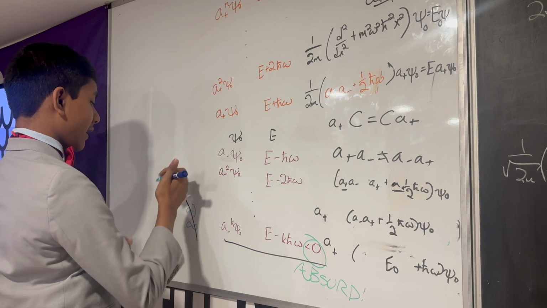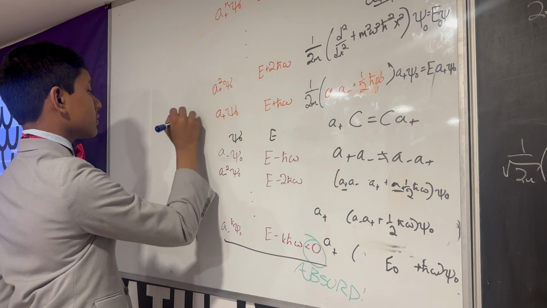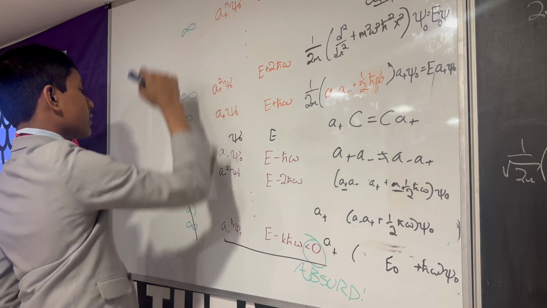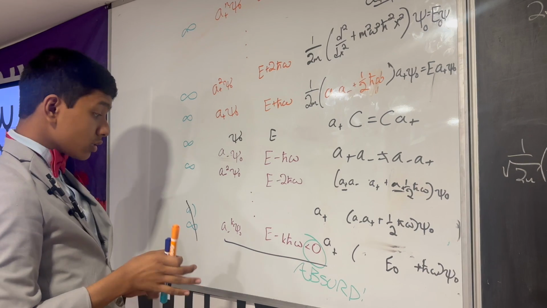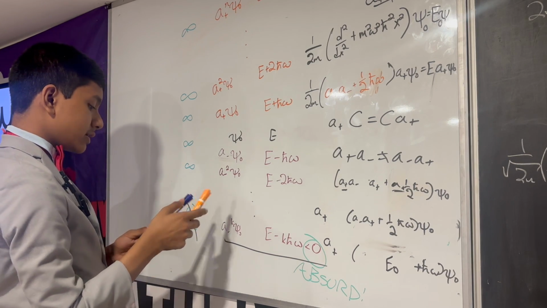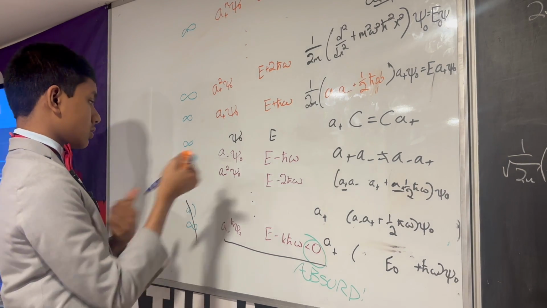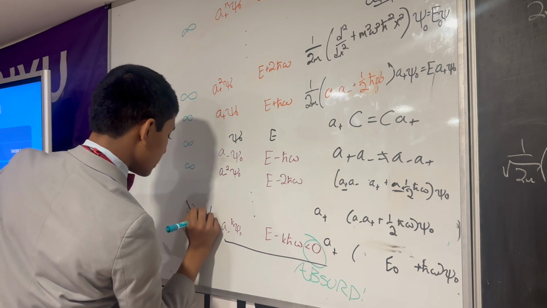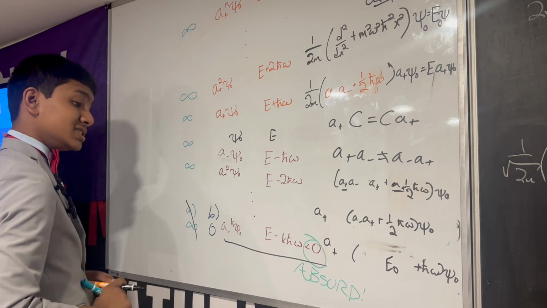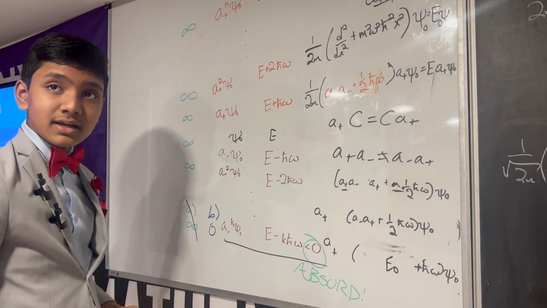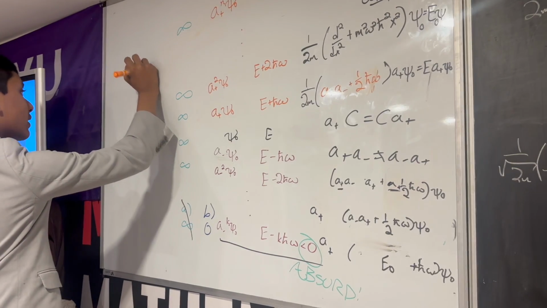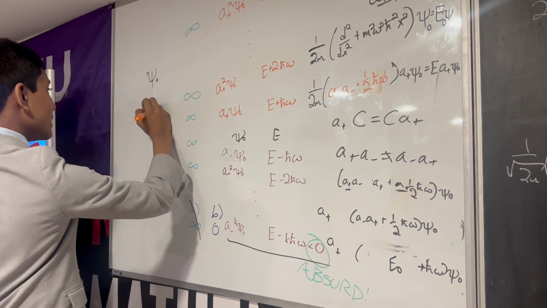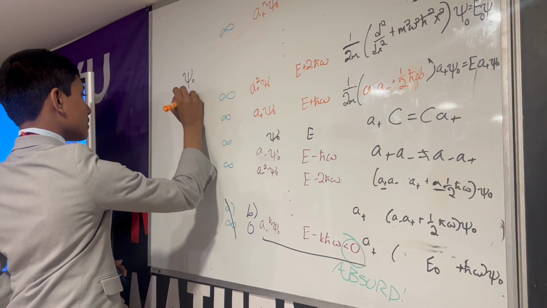Or we can go with option B, which would be to make the integral 0. That is, there is some final wave function after which, if you apply this operator, it becomes 0. Pretty simple, right?